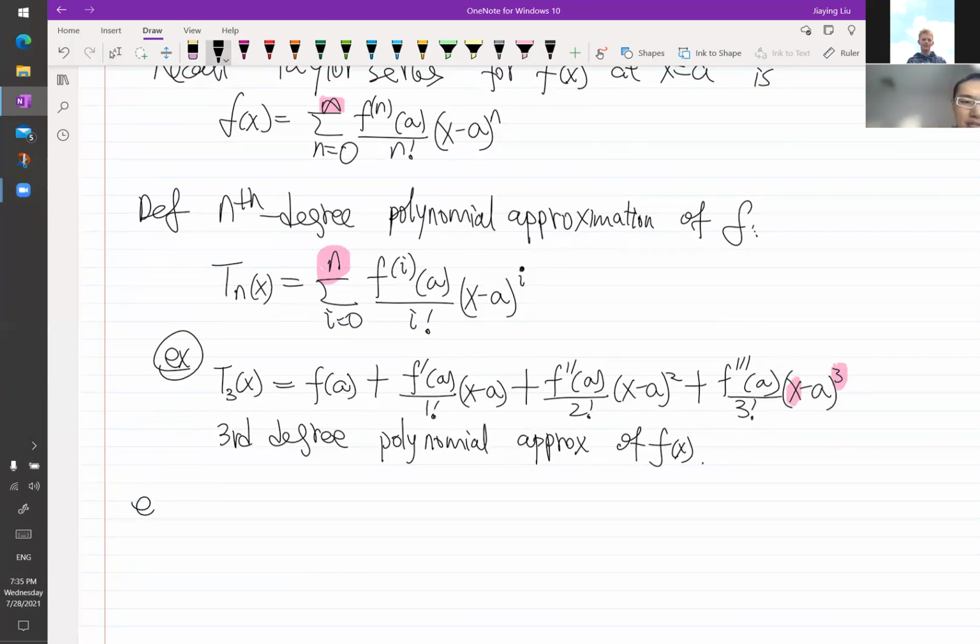And I'm going to give you another example. So consider f of x equals e to the x.